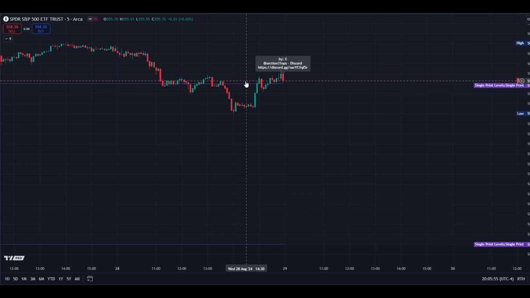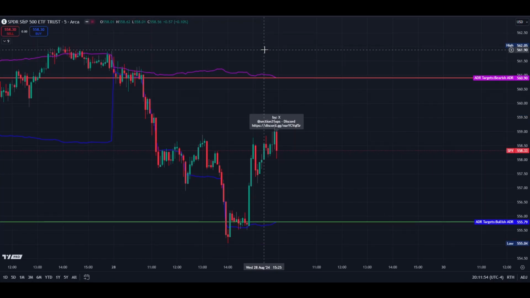Another way to think of it is a game of hot potato. This is a place where the potato was really, really hot and everybody passed it around super fast and nobody wanted it at that point. So the single prints are there because at some point they're going to get explored again, and they can function as support and resistance. They are important levels to keep an eye on, and that's why we have added single prints to the key levels chart.